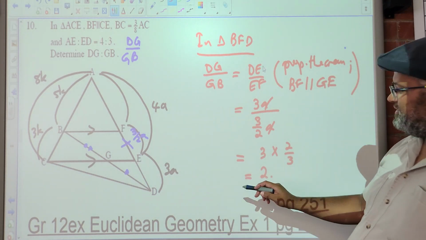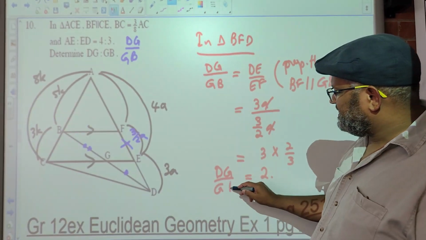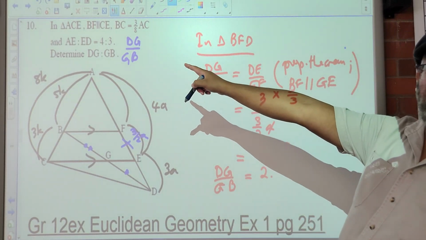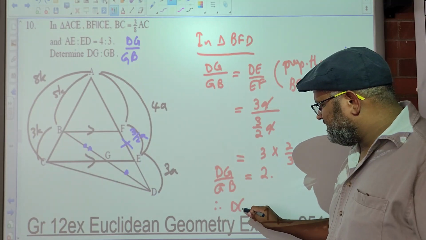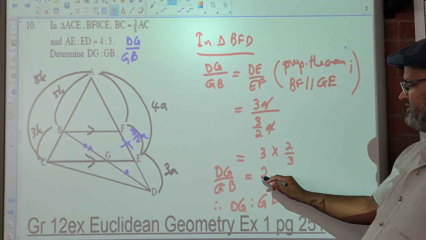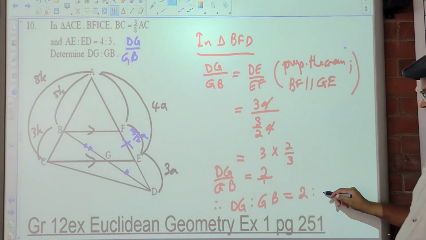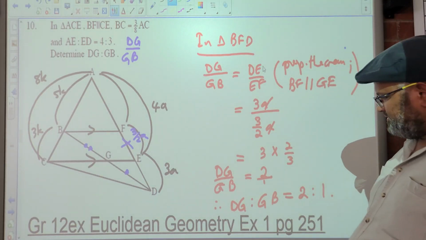Okay, so that is the ratio of DG over GB. But is that what they want? They want it in ratio form, no? Not in fractions. So therefore DG is to GB as 2 is to 1. Is that correct?